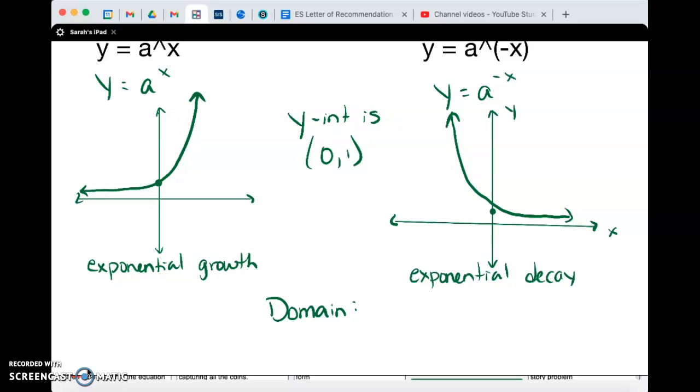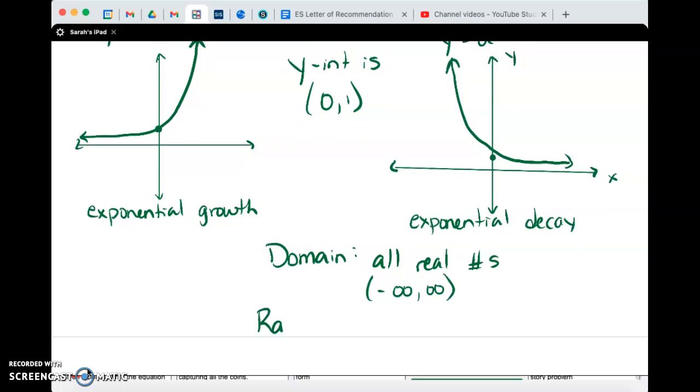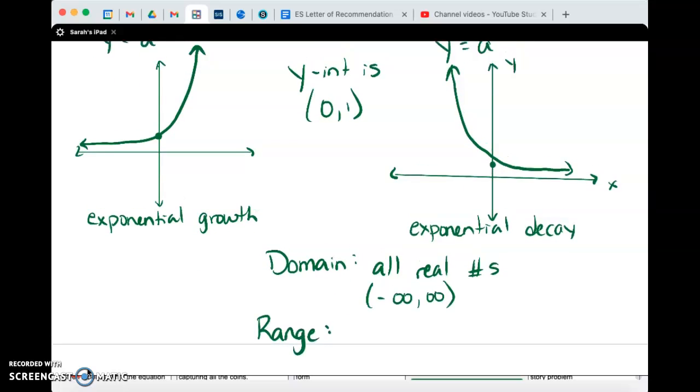The x values, is there anything I'm not getting? Yeah, it should be all real numbers. So that's one way to say it. We talked about interval notation, right? You could write negative infinity to positive infinity. Okay. Hitting every x.